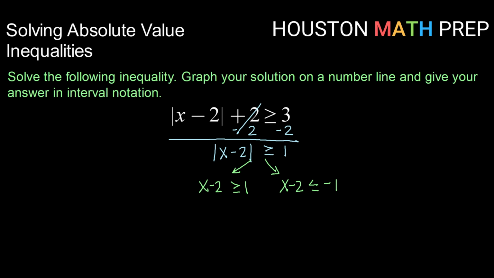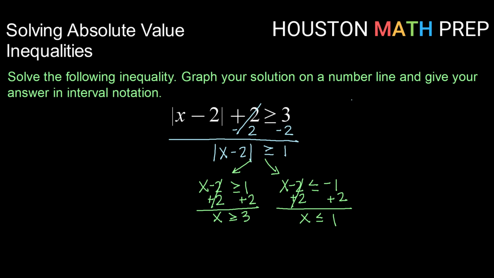Now solving each of those, I will add 2 to both sides so that my first inequality says x is greater than or equal to 3. Moving to my second, adding 2 to both sides, I have x is less than or equal to 1.